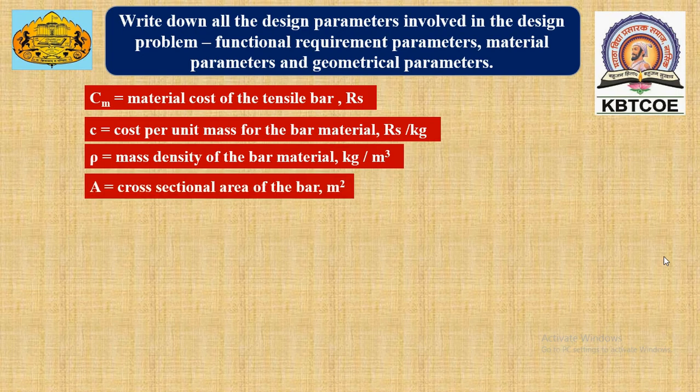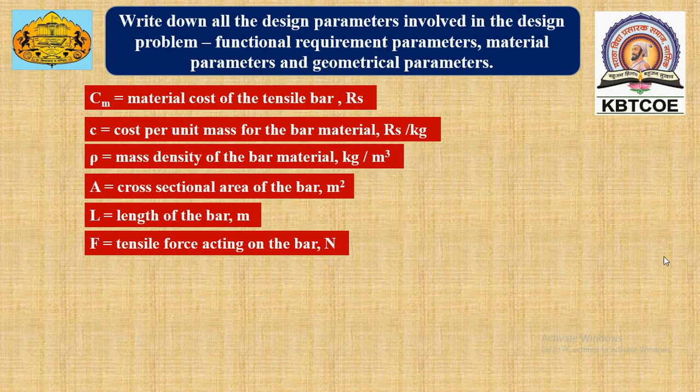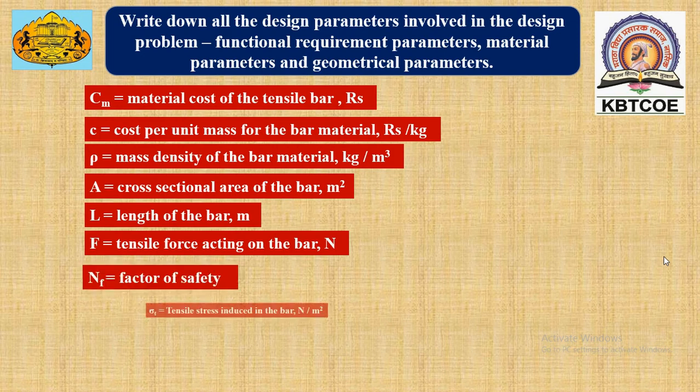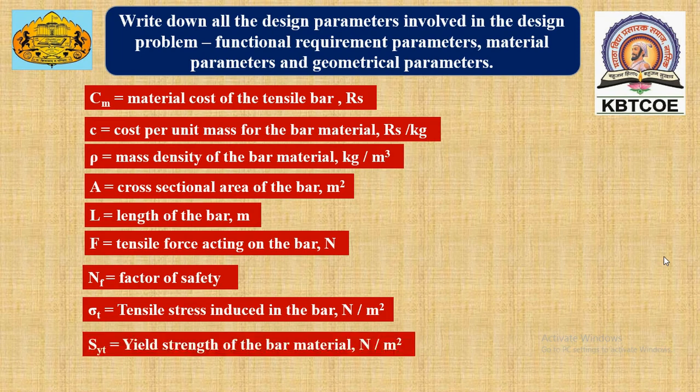A is the cross-sectional area of the bar, meter square. L is the length of the bar in meter. F is the tensile force acting on the bar in Newton. NF is the factor of safety. Sigma T is the tensile stress induced in the bar, Newton per meter square. SYT is the yield strength of the bar material, Newton per meter square.